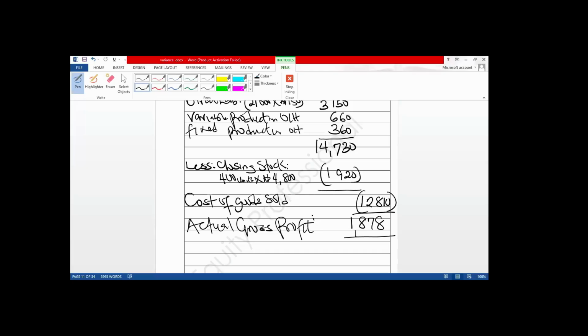Explain to us why our projected profit is not equal to our actual profit. And you are going to explain this using variance analysis. Variance analysis is used to investigate the causes of differences between the budgeted profit and the actual profit.